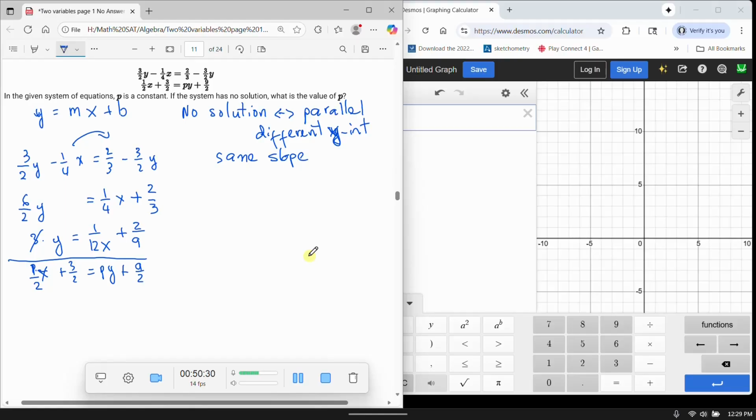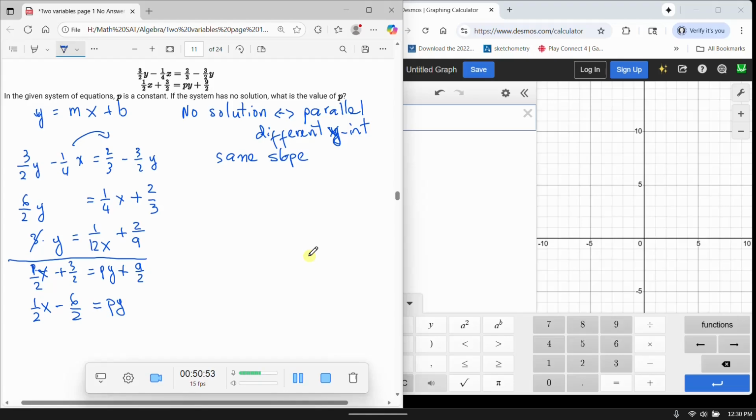So I'm going to move 9 over 2 from the right to the left by minus 9 over 2. So minus 9 over 2 combined with 3 over 2 will give me negative 6 over 2. So I'm going to get 1 over 2 x minus 6 over 2 equal py.